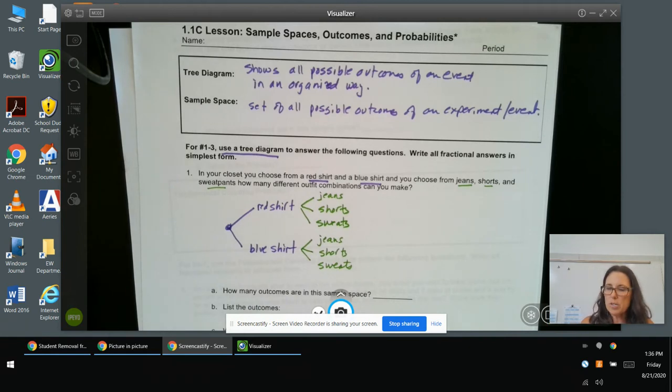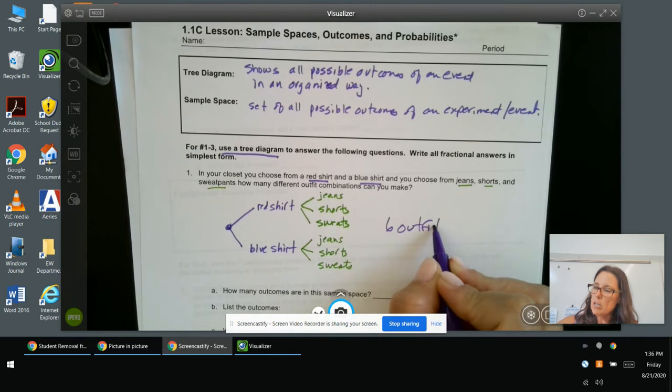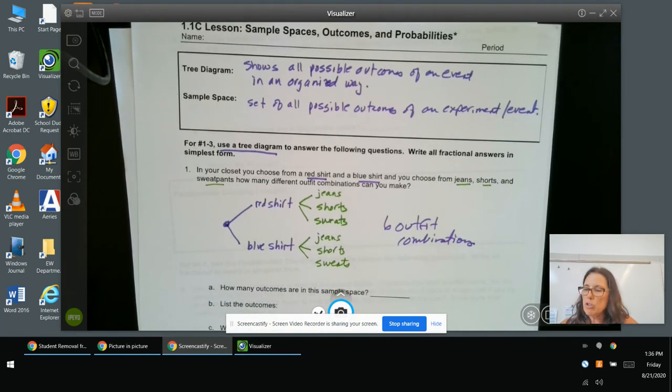So there are 6 outfit combinations. Letter A, there's the question. How many outcomes are in the sample space? Well, we just answered that. There are 6.